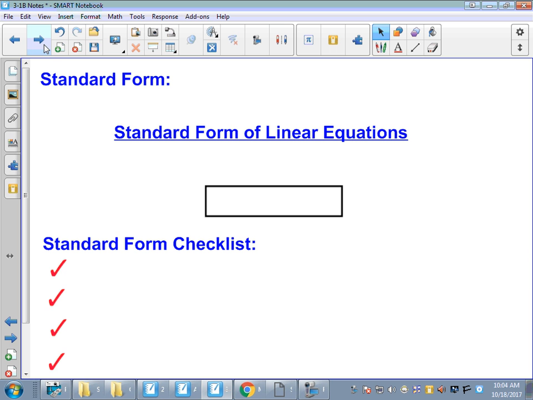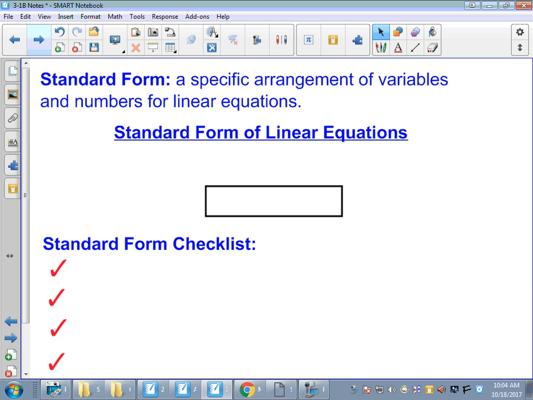Standard form is just one particular way to arrange the variables and numbers for a linear equation. There's lots of standard form equations for different types of equations that we'll graph. So there's standard form for linear equations, quadratic equations, exponential equations, which we're going to study throughout the year.